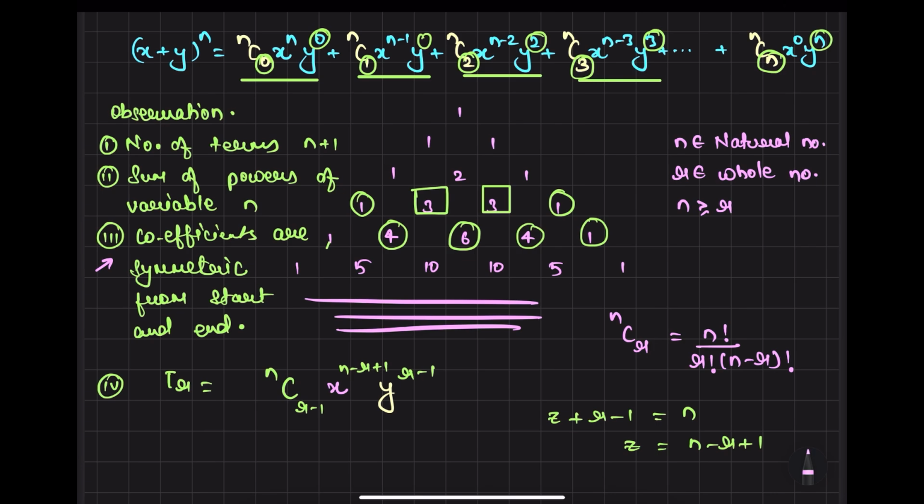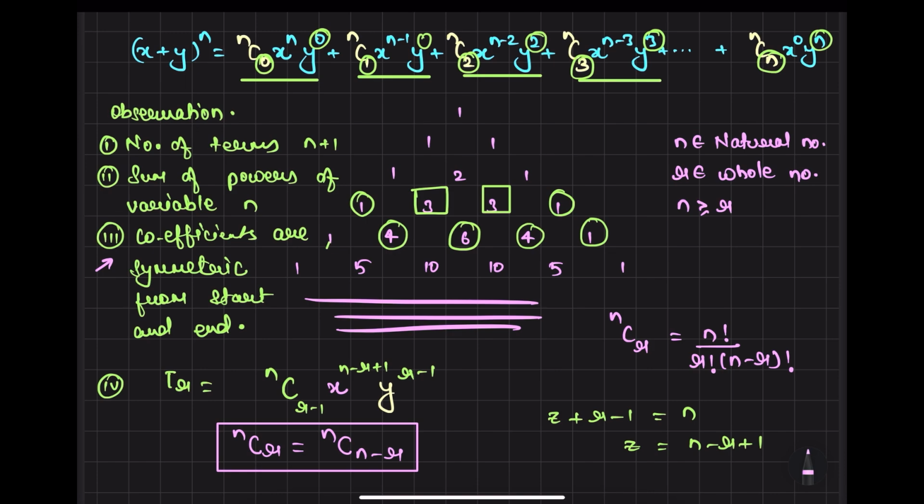NC1 will be symmetric as NCN minus 1. NC2 will be same as NCN minus 2. Or can I say that NCR will be same as NCN minus R? Just tell me. Correct?